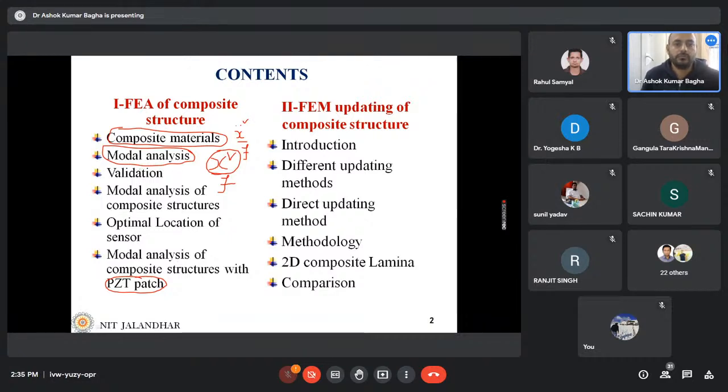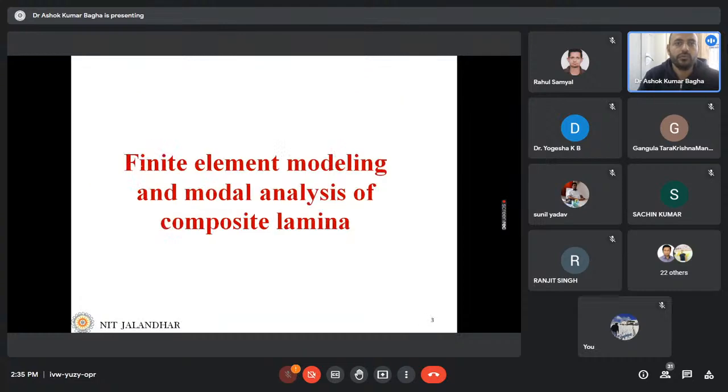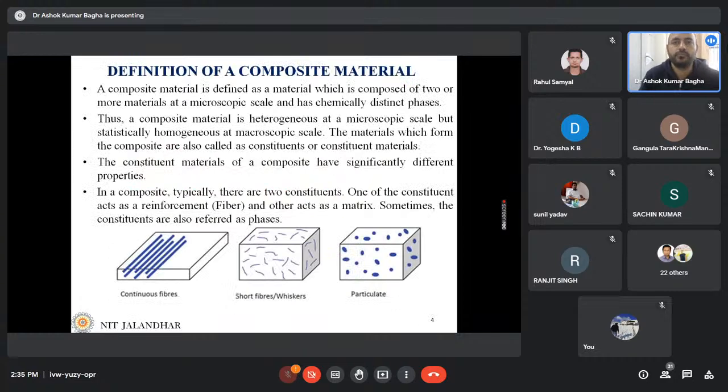First of all, I will explain the composite material. A composite material is a mixture of two materials: one is a weak material, the matrix, and the second is the material that reinforces it. Most of the time fibers are used to reinforce it.